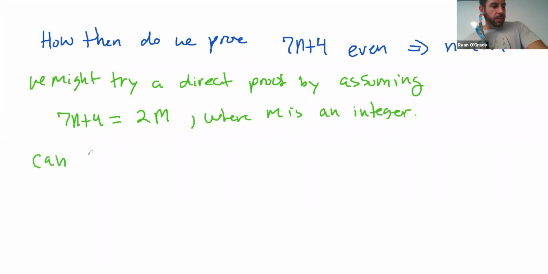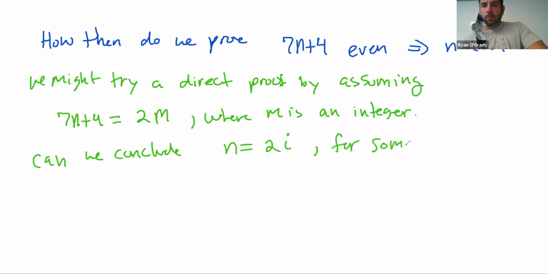So the question then becomes, can we conclude n equals 2 times, I don't know, what letter haven't I used yet? Let's say n equals 2 times i for some i. Can we do that? Well, let's try.